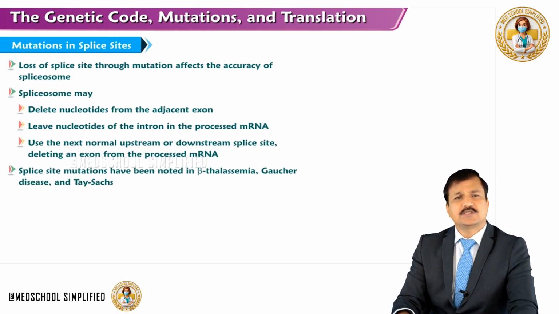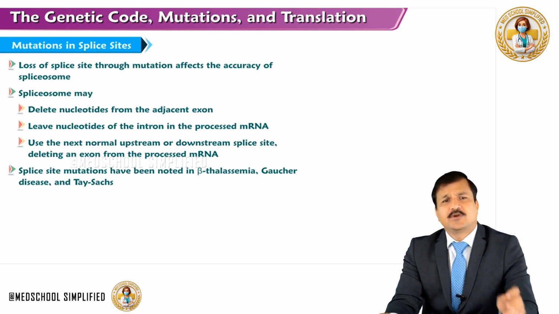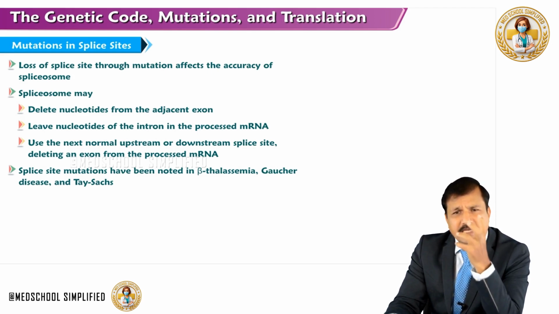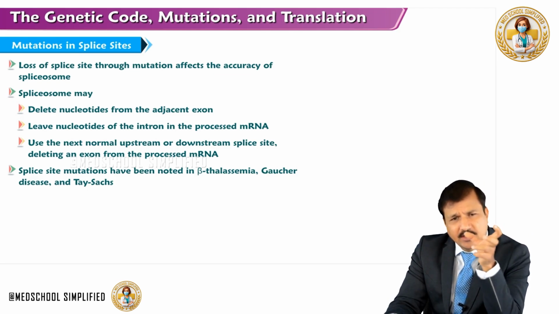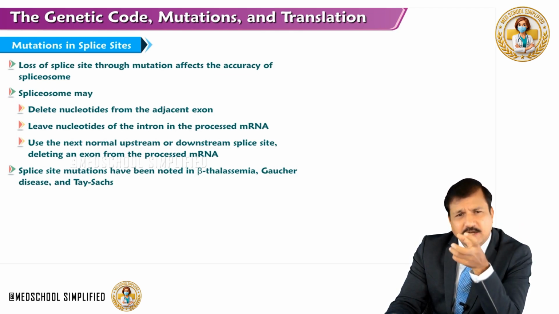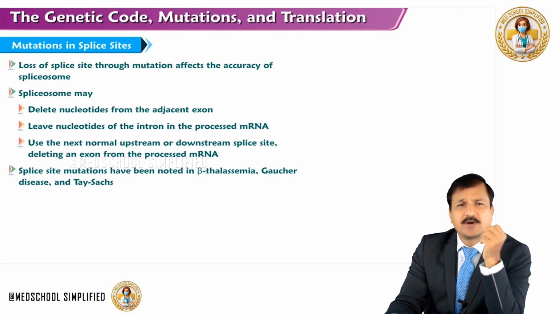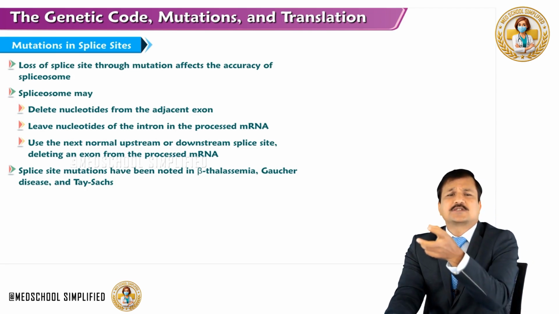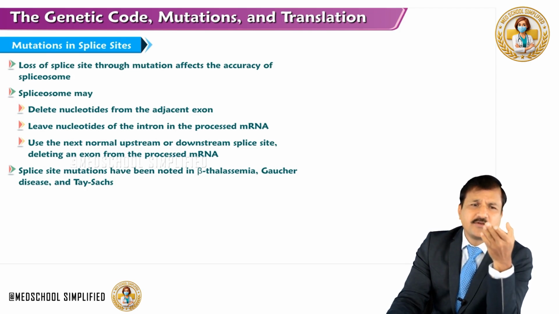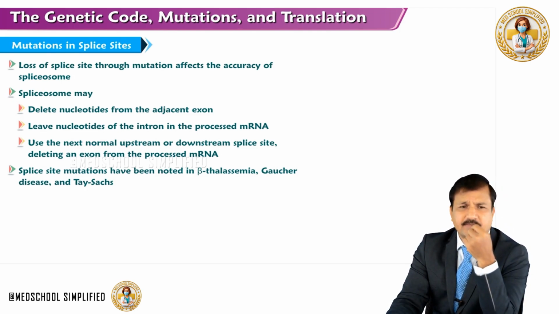Coming to mutations in splice sites. Mutations in splice sites affect the accuracy of intron removal from hnRNA during post-transcriptional processing. If a splice site is lost through mutation, spliceosomes may delete nucleotides from the adjacent exon or leave nucleotides of the intron in the processed mRNA, or use the next normal upstream or downstream splice site, deleting an exon from the processed mRNA.